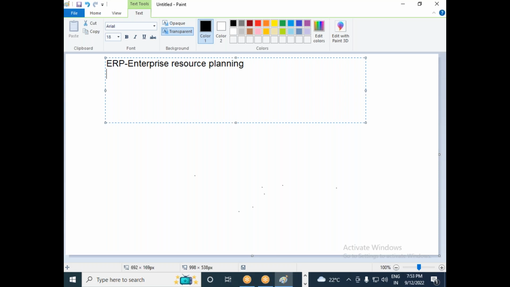What are the resources that I am going to consider while doing enterprise resource planning activities? There are three types of parameters which I will consider. Enterprise resource planning is mainly used for optimum utilization of the resources.